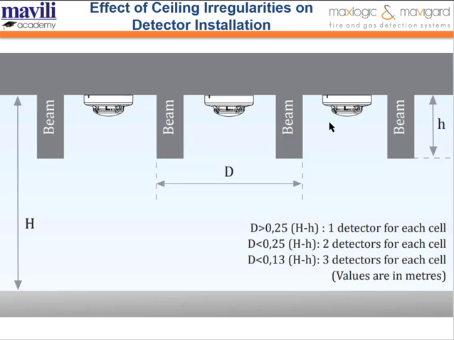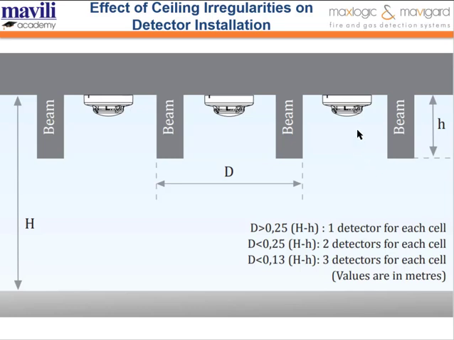If the beam depth is greater than 10% of the total room height, the ceiling is no longer considered flat and is treated as an irregular ceiling. In this case, the ceiling creates a cell or pool-like layout between the beams, as you can see. For example, imagine a room with a ceiling height of 3 meters and a beam depth of 35 cm.